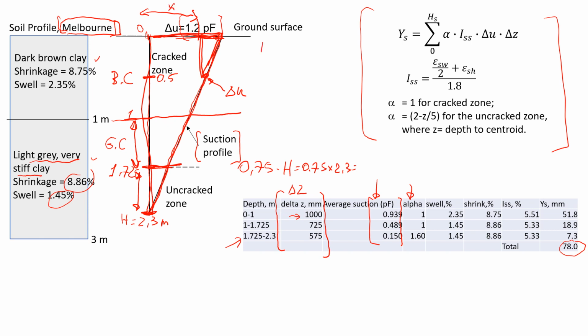I wrote that 1.2 minus x divided by 0.5 meters should be the same as, because it's a part of one triangle, the whole 1.2 divided by the whole 2.3 meters. So that's for this little triangle, and this is for the big one.